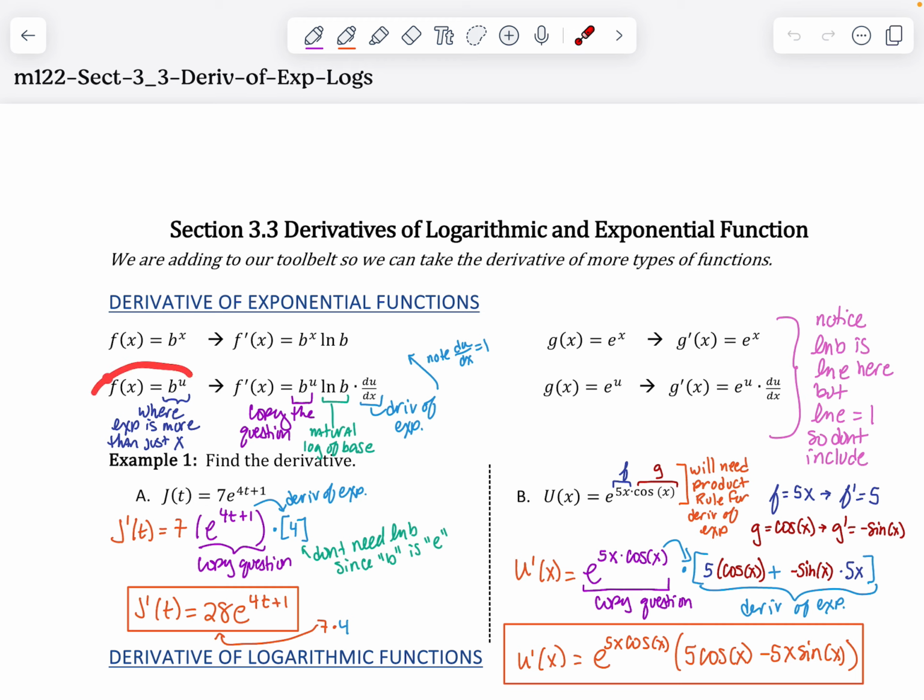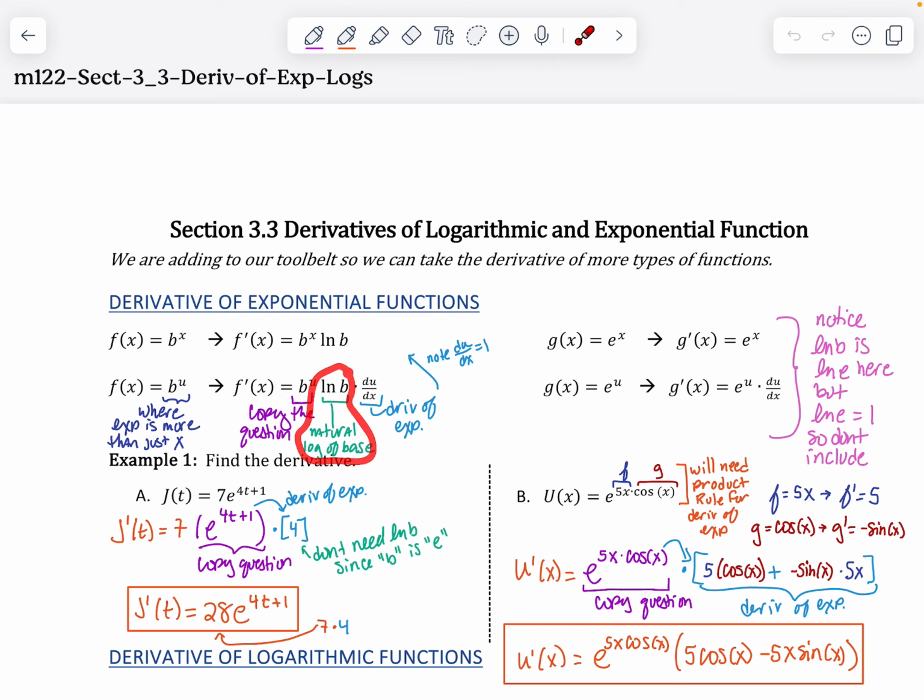Now, often we're going to have a little bit more complex equation than just a single x. Perhaps we'll have u, where the exponent is more than x, it's a function of x. So we're still going to copy the equation identically.